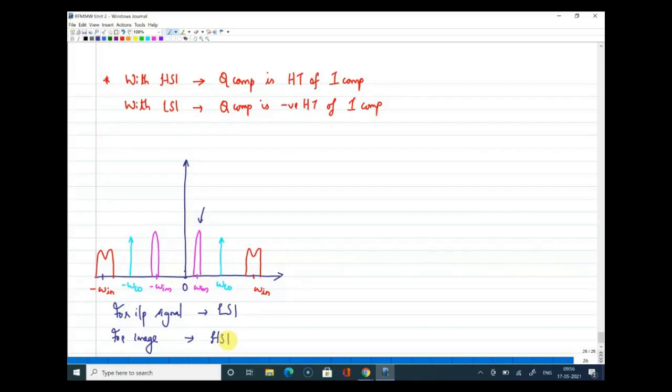All right, so I'll be winding up now by showing the input part itself. So this is the RF input, and from our previous discussion, we have two arms where this is cos omega LO t and this is sin omega LO t, right?